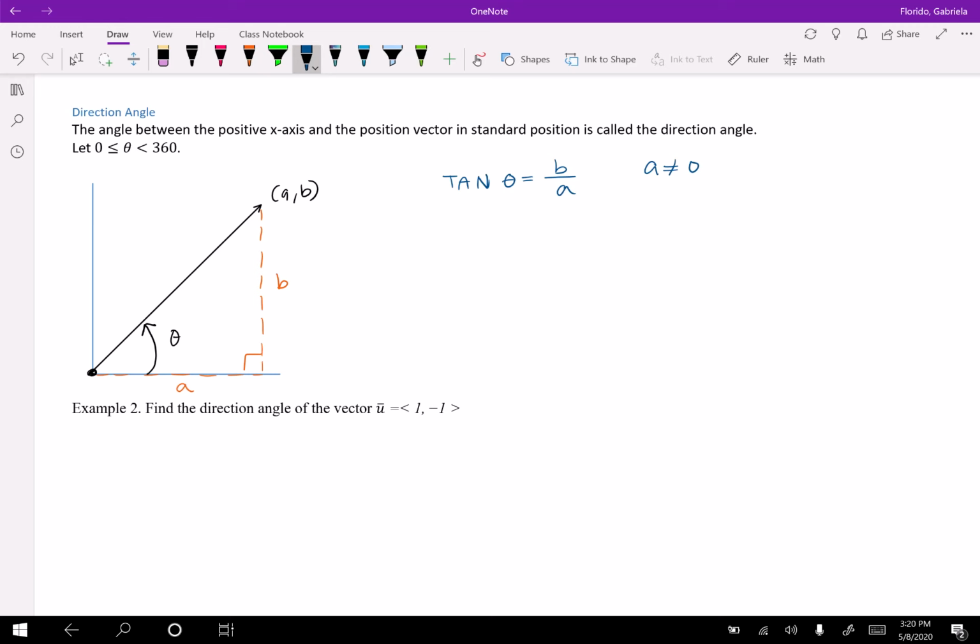We don't have to use tangent; we can use sine, cosine, whatever you want. But because we just want to work with a and b, we can just use tangent. If you find the magnitude of the vector, then you can use the other trig functions. So tangent of theta is equal to b over a, and if we take the inverse, theta is equal to the tangent inverse of b over a.